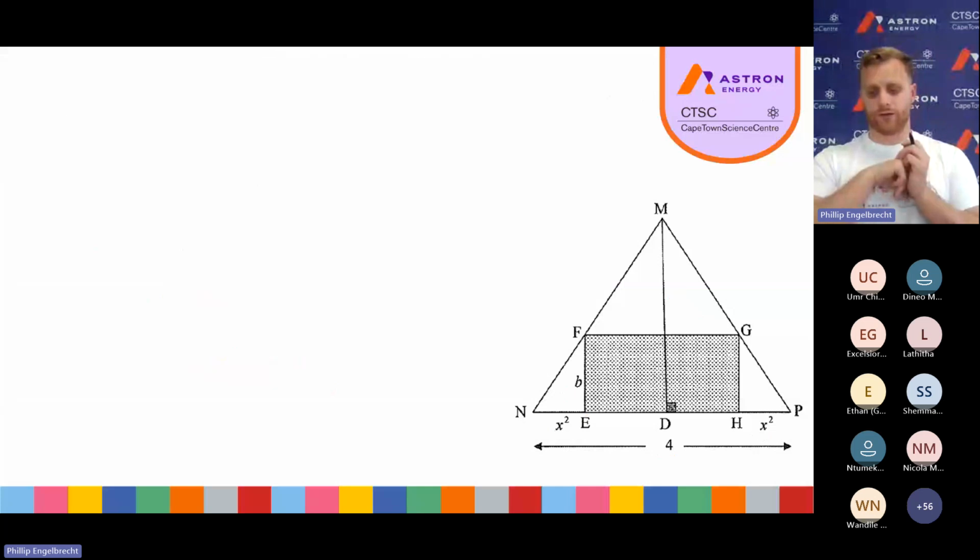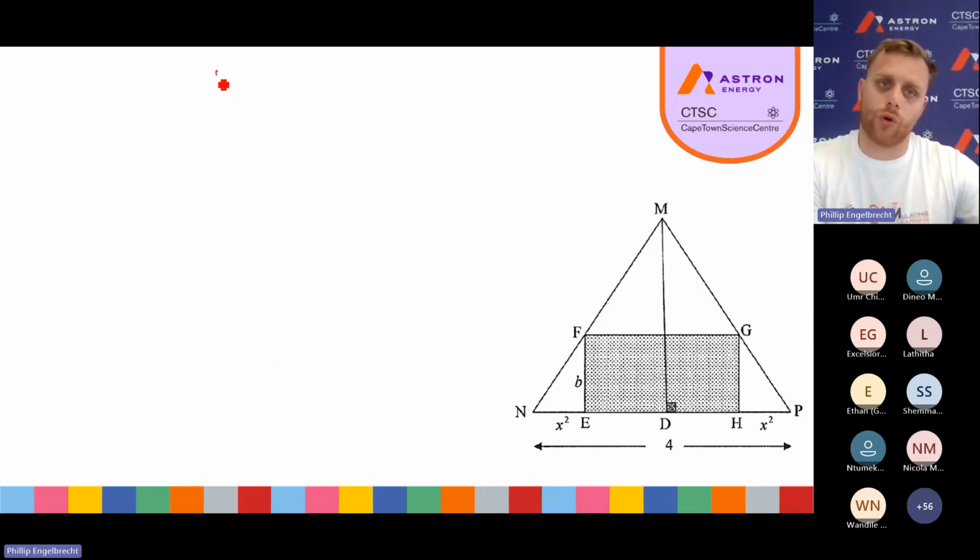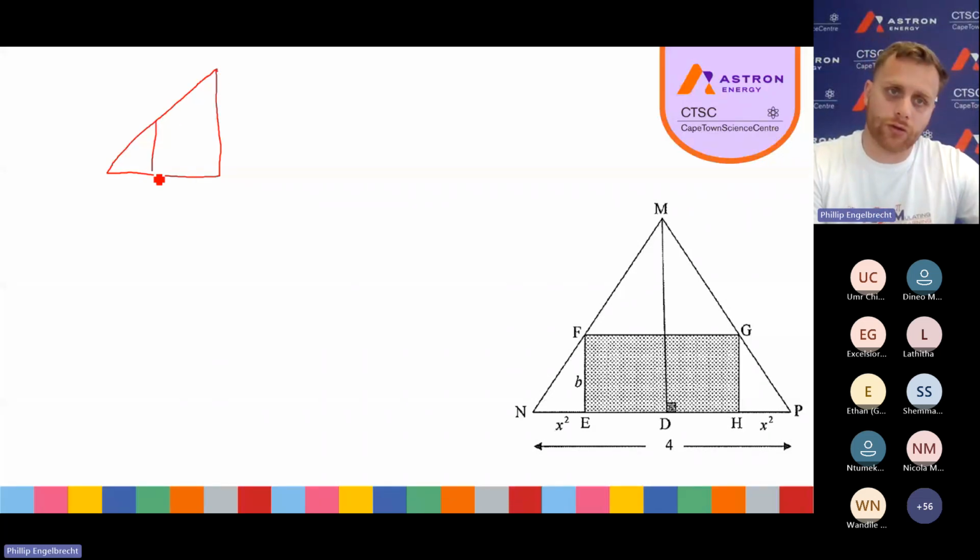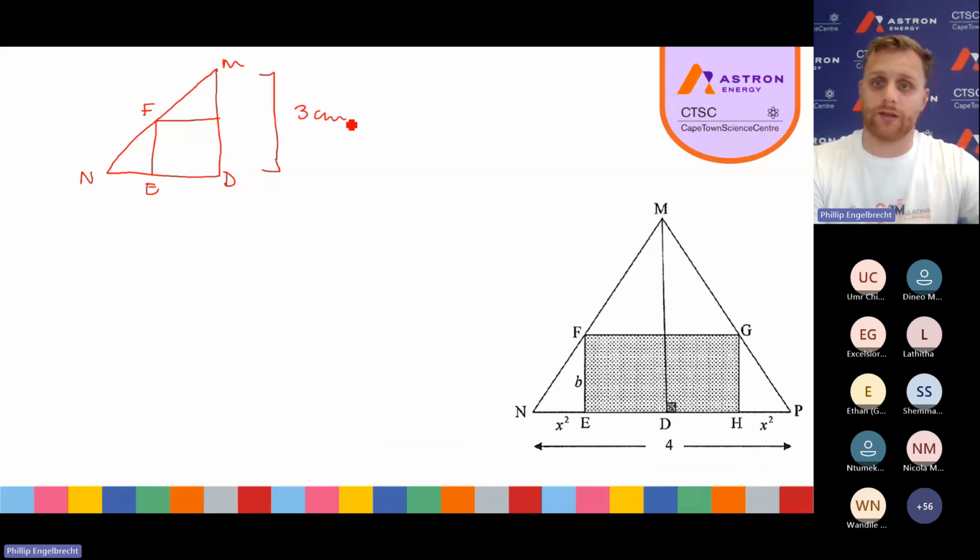So I'm going to go to the next page. And I'm basically going to draw half my triangle, okay? There we go. This is N, this is E, this is F, this is D, and that's M. Now we know that DM, they told us, was 3 centimeters.